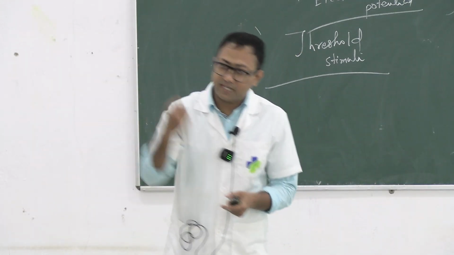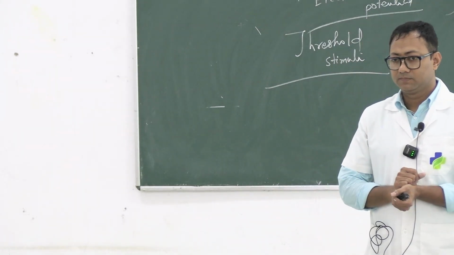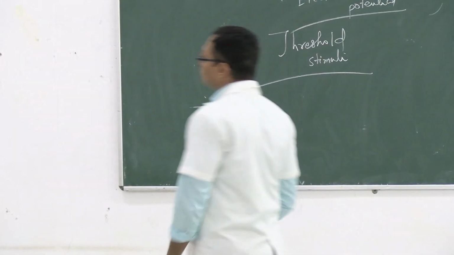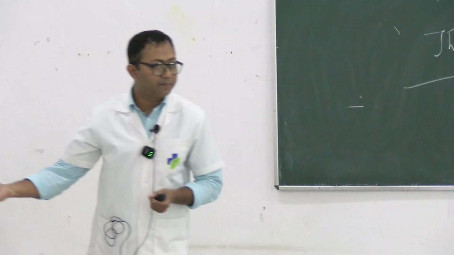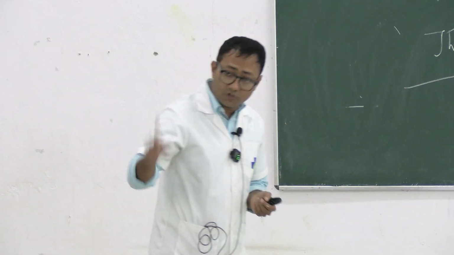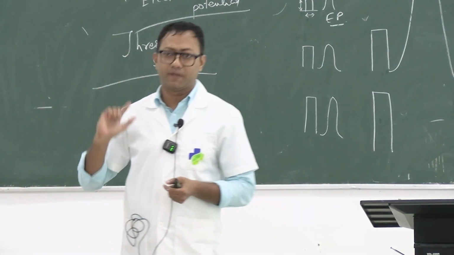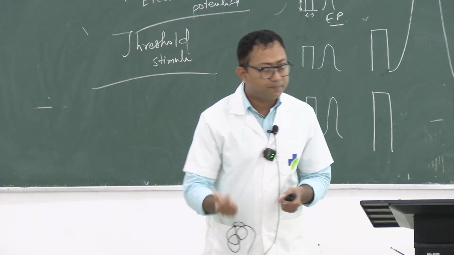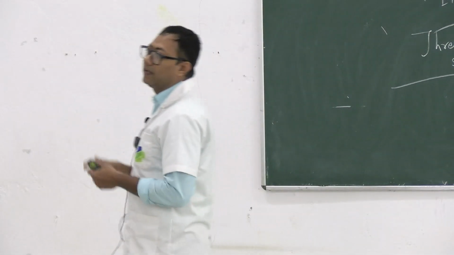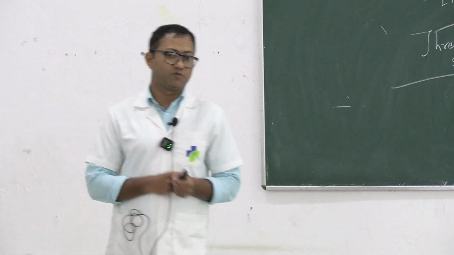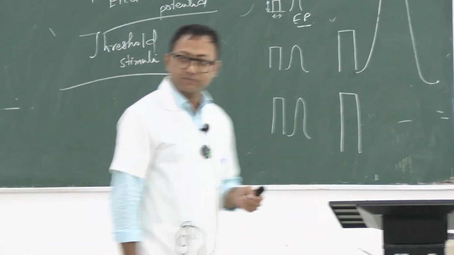Clear? So action potential is a rapid and active change due to threshold or suprathreshold stimuli, and electrotonic potential is a passive change due to subthreshold stimuli, followed by return to resting membrane potential.